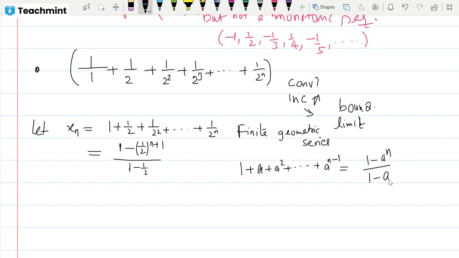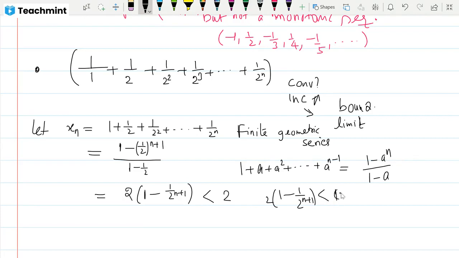This is the sum, and this is equal to 2 times 1 minus 1 by 2 whole power n plus 1. So this is always less than 2. Agree? Because 1 minus 1 by 2 power n plus 1 is always less than 1, and you multiply with 2.